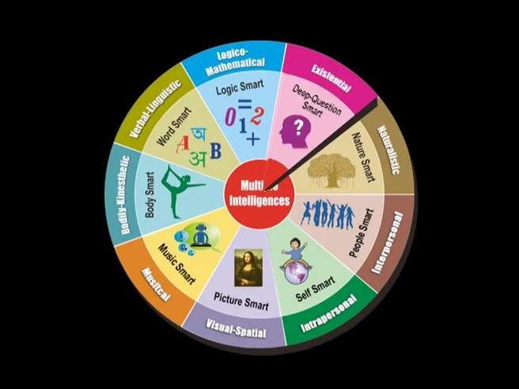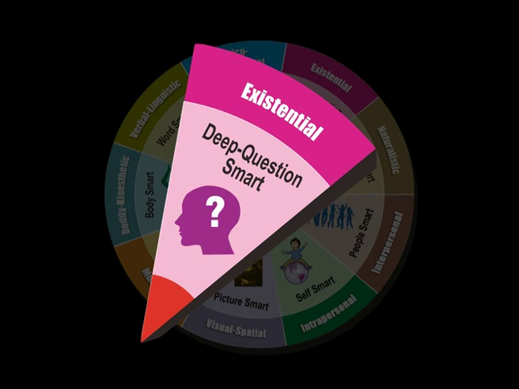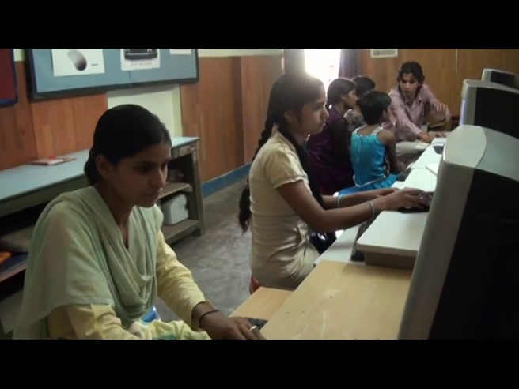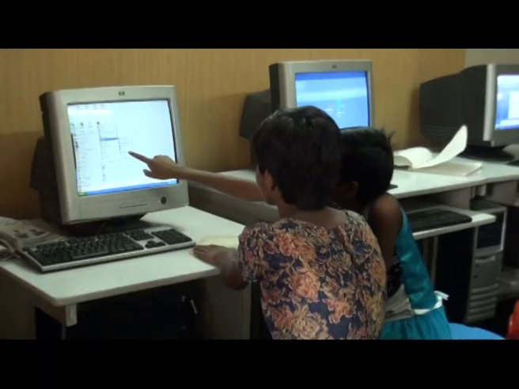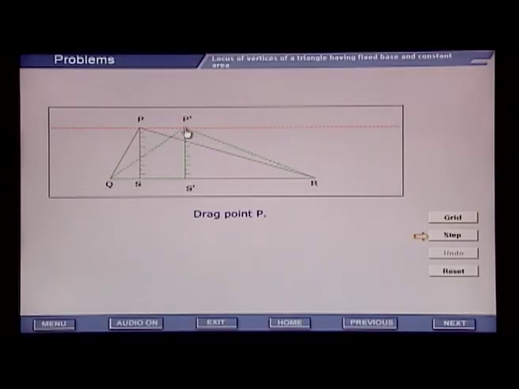The last but possibly most important is called existential intelligence. Intelligence that raises deeper questions in life. Students, children, and even adults, many of them are very inquisitive. They're all the time in search of new information, new knowledge, and wisdom.